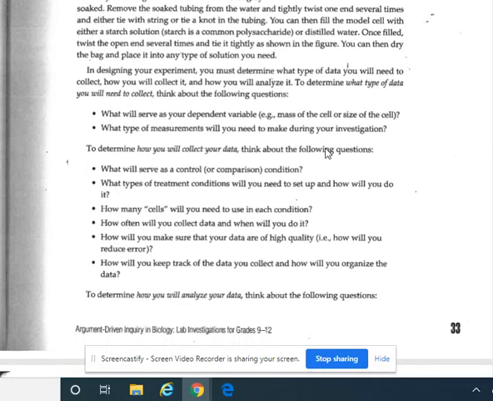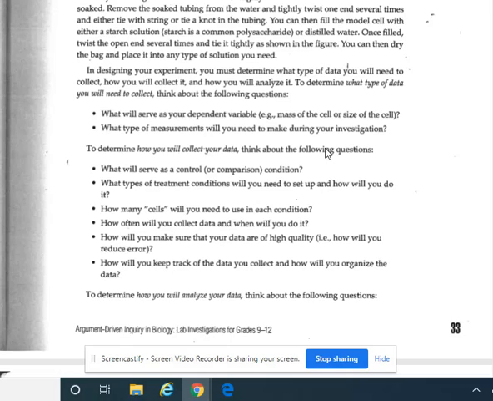To determine how you will collect your data, think about the following questions. What will serve as a control or comparison condition? How do you know if you're putting a starch in your bag or your solution? How do you know that it's making any difference than just distilled water alone? What types of treatment conditions will you need to set up and how will you do it?